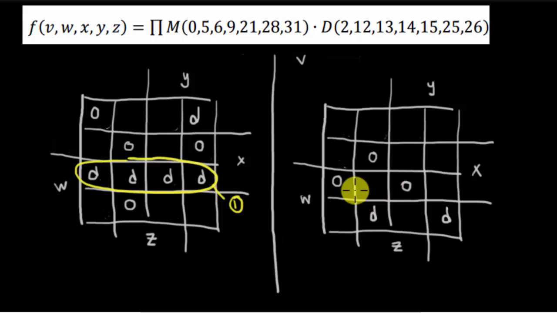We can see on the right side of the map that we don't have 2 zeros or dunkers together. So it is impossible for us to find a group of 4s since we don't have any group of 2s on the right side. So this would be it for groups of 4.